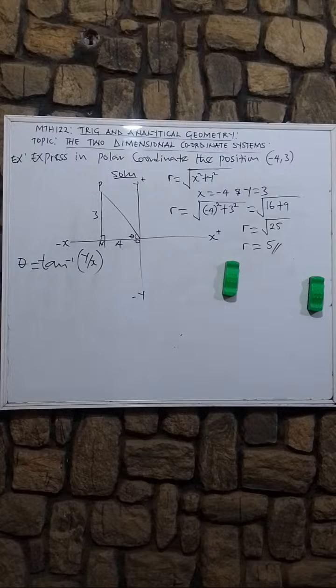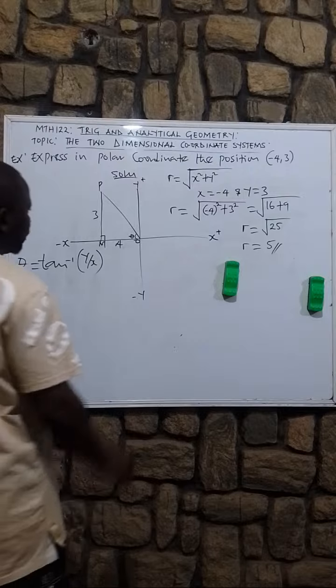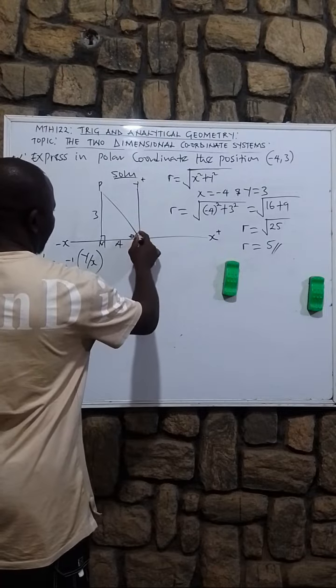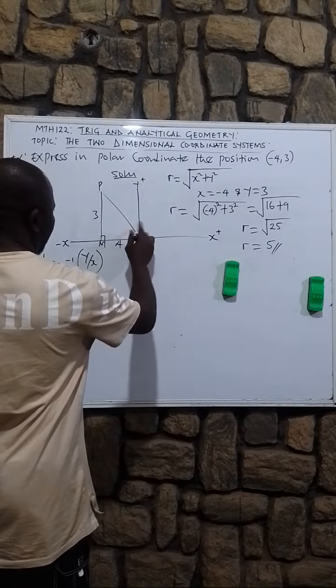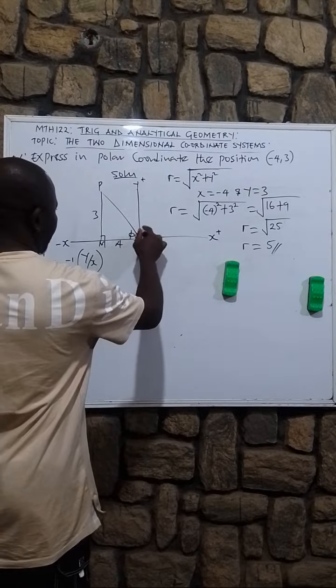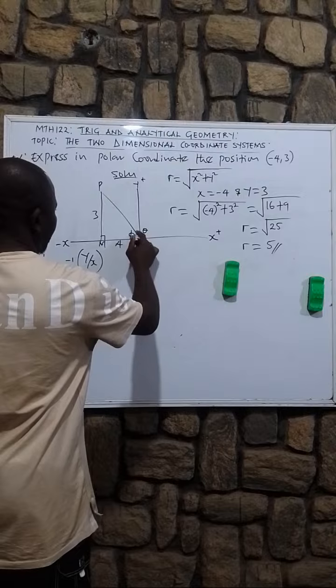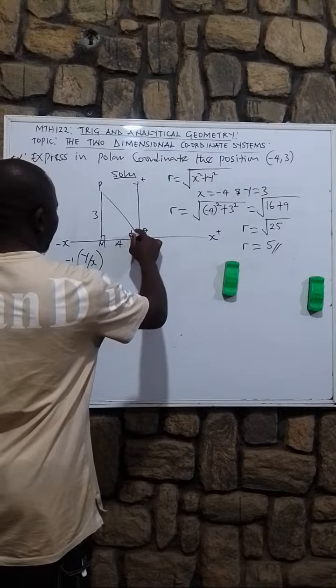True or false? The angle will now turn. So let us have this one here. Let us assume here is phi and here is theta. So the angle will now move to the negative side.